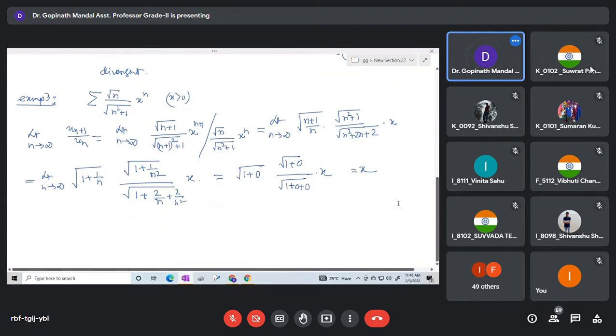Now that means when x is less than 1, by D'Alembert's ratio test, this is convergent. When x is greater than 1, then this is divergent. But when x is equal to 1, then what? Fail.